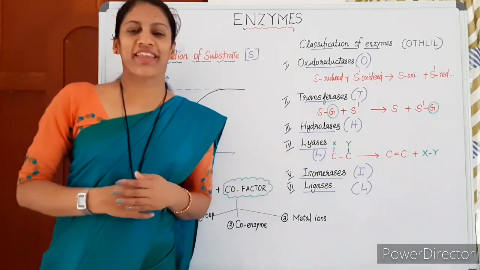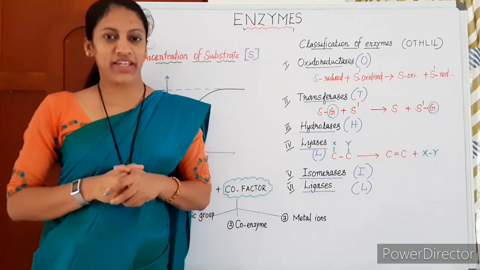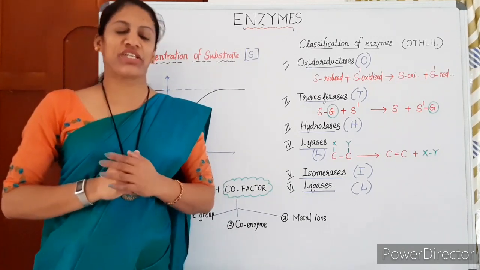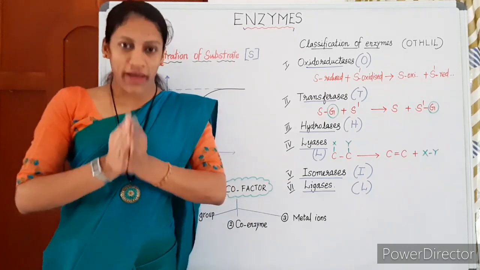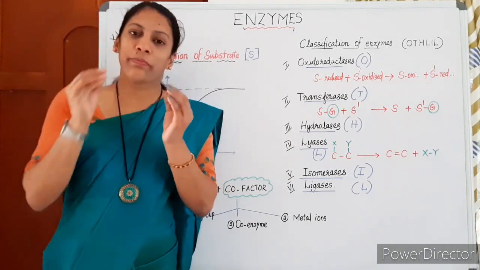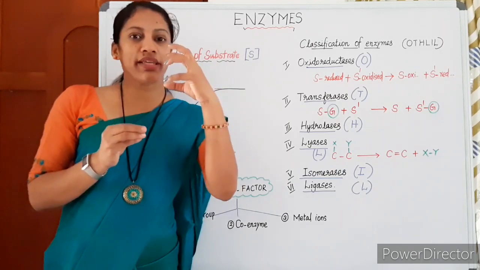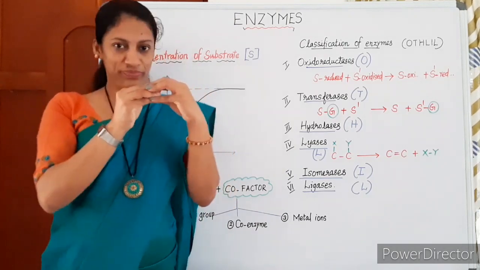Okay, so I think this topic is clear. Which are the factors affecting enzyme action? Temperature, pH and concentration of the substrate. During enzyme action, the substrate binds to the active site of the enzyme. Imagine the active site is specially designed for the substrate to fit.